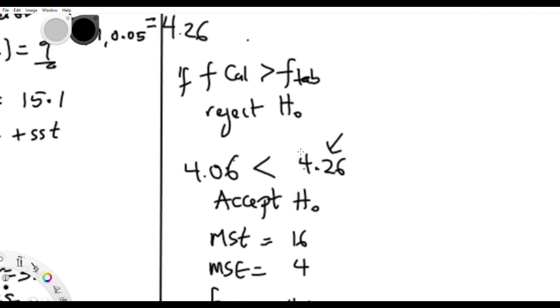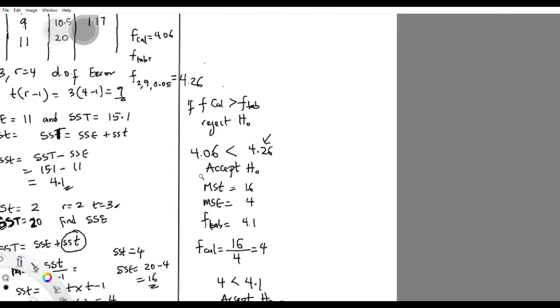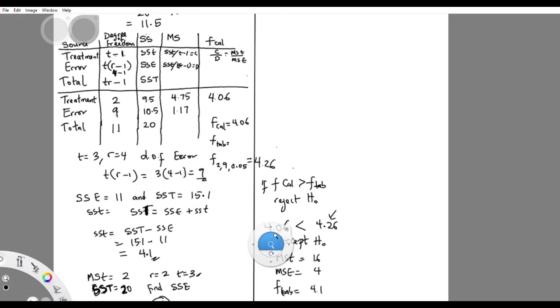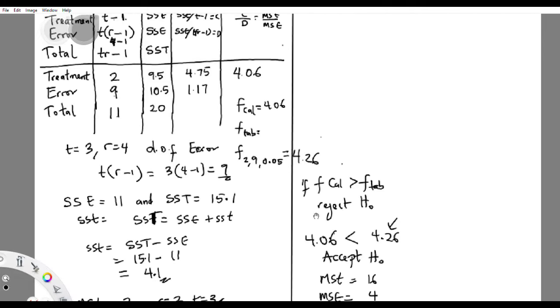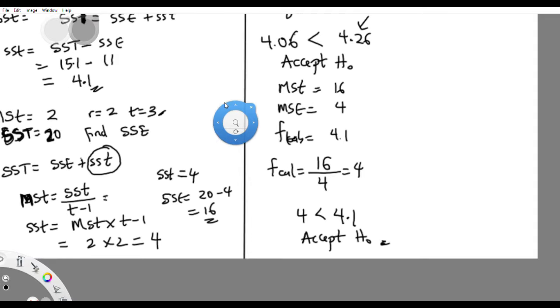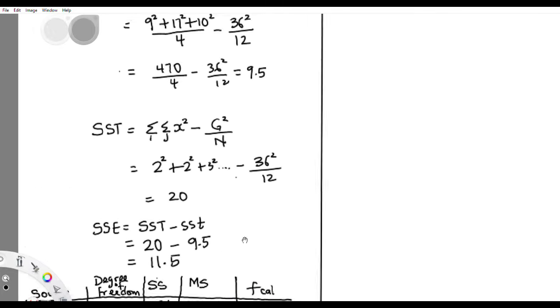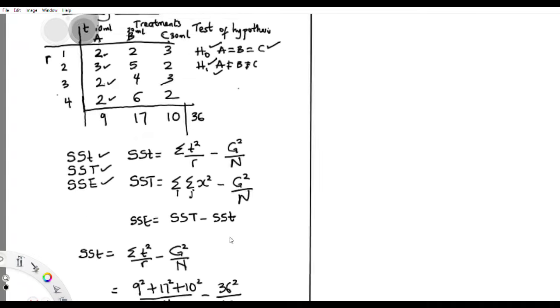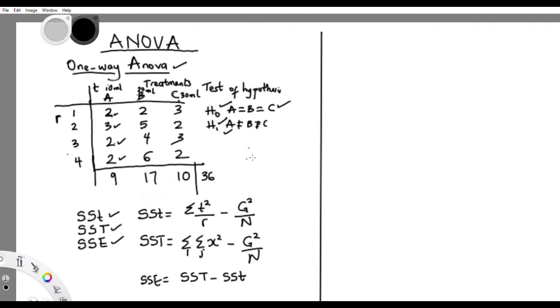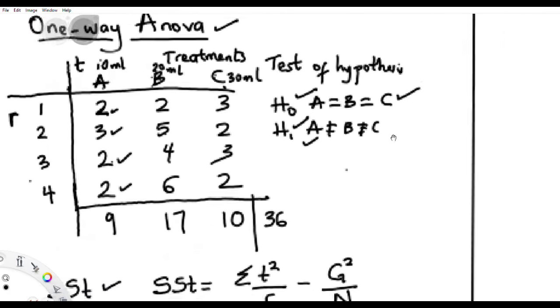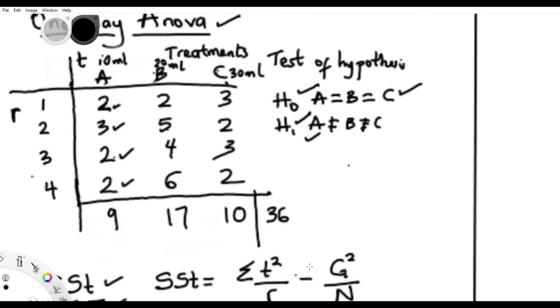So from what we have just done, ANOVA, the analysis of variance, is telling us that we are accepting that there is no significant difference. Since our F calculated is less than F tabulated, we have to accept.